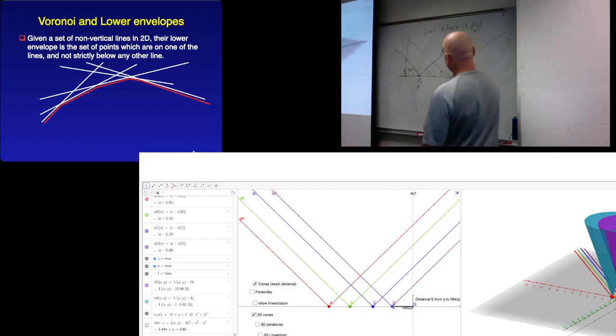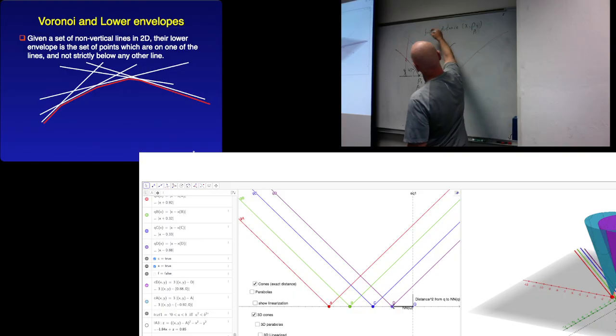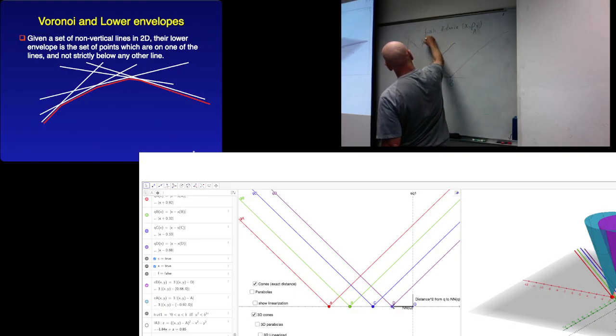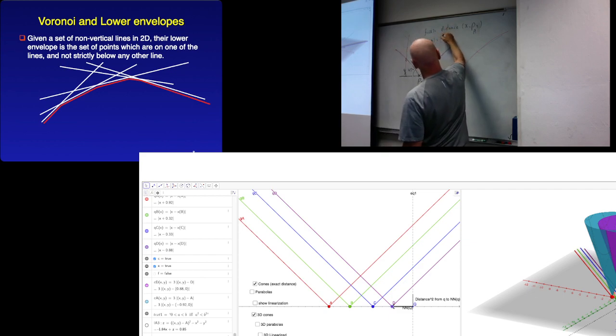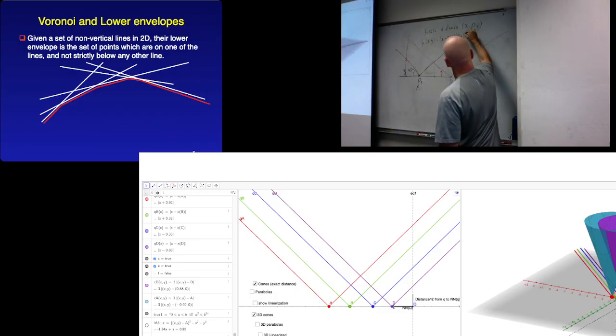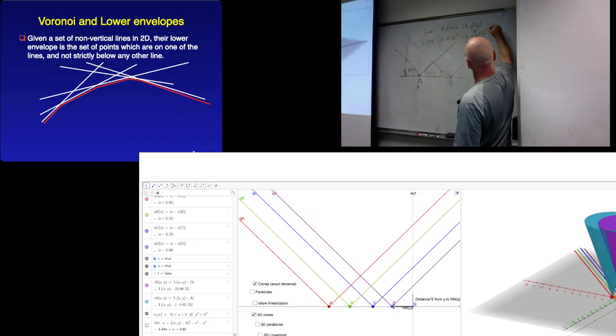But now my function f1 of xy is the distance, which is the square root of (x minus x of a) squared plus (y minus y of a) squared, all of this to the square root, because I need the distance.